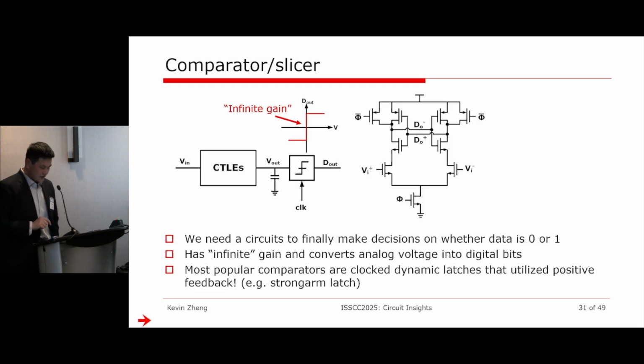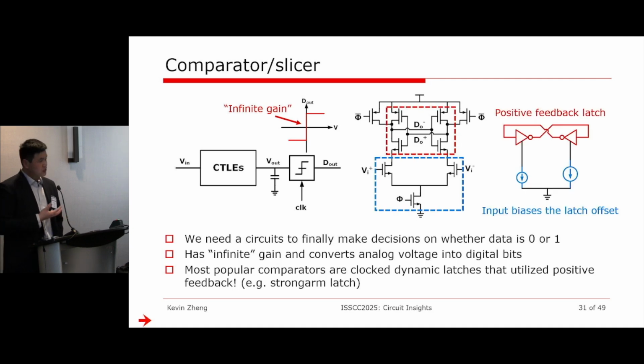And this is where the positive feedback comes into the picture, right? In circuits, we like negative feedback most of the time. As humans, we like positive feedback, of course, right? And this is one of the few cases where positive feedback is great in a real circuit implementation. So if I divide this circuit right here, which is known as a strong arm latch, it's nothing but these two sections.